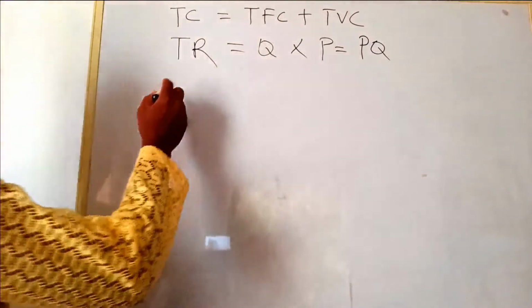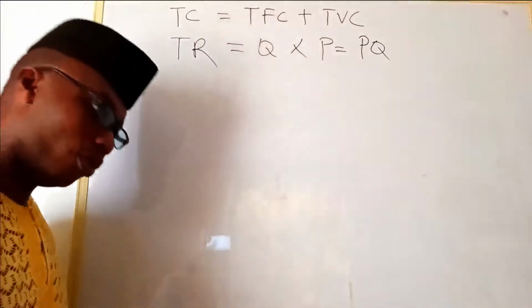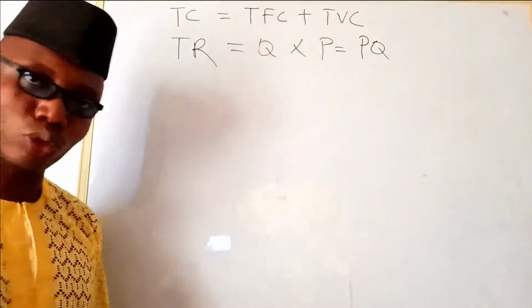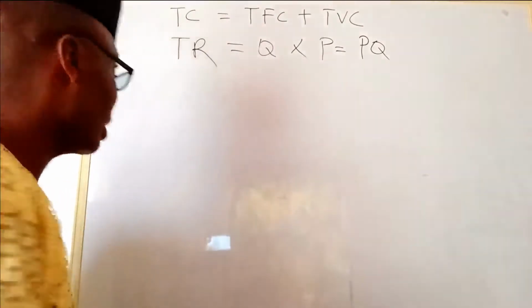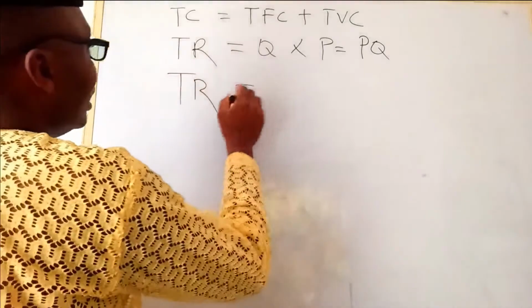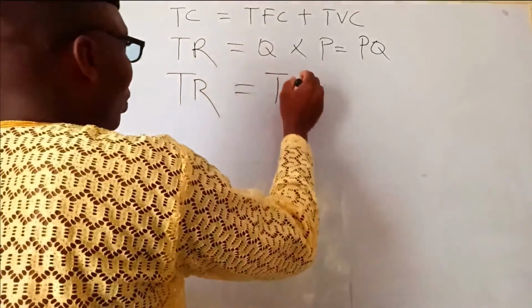Another important formula you should note, most especially when the word minimum is used in the question, is this: total revenue is equal to total cost.